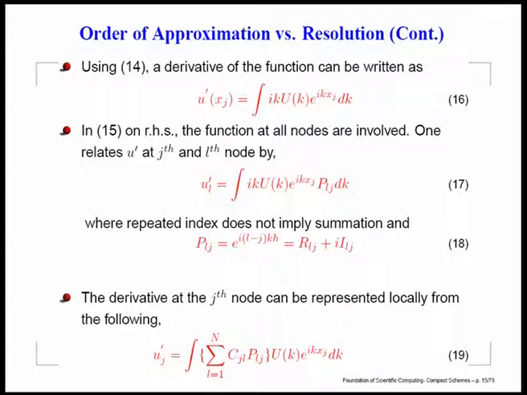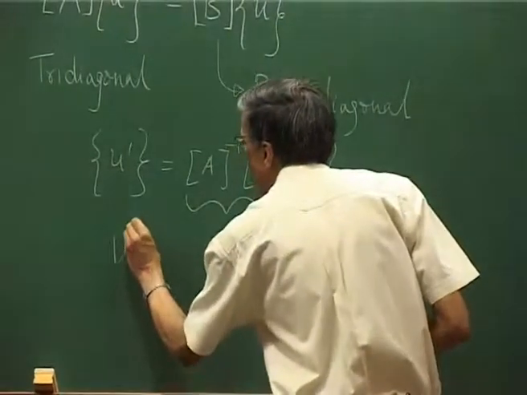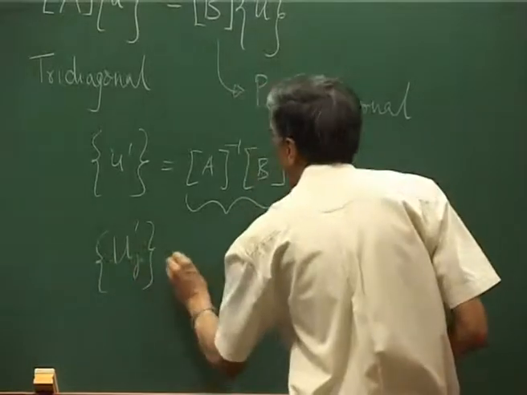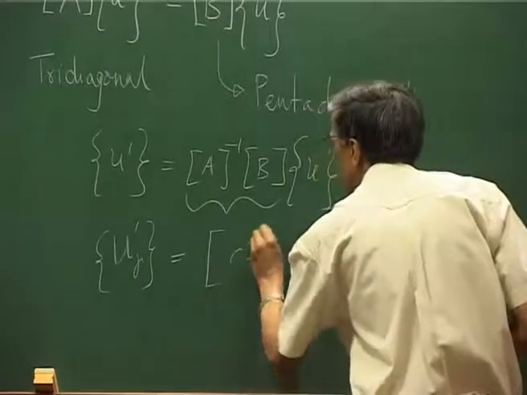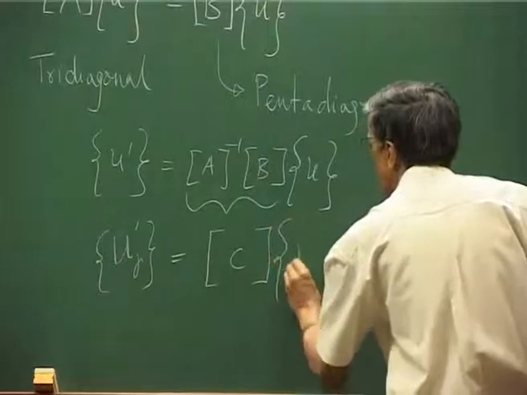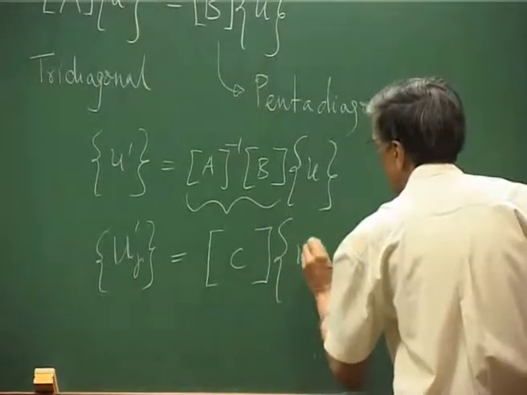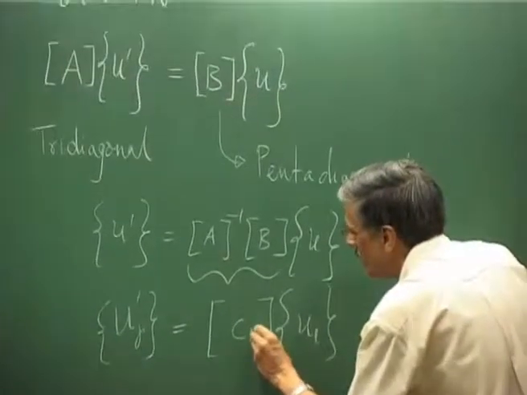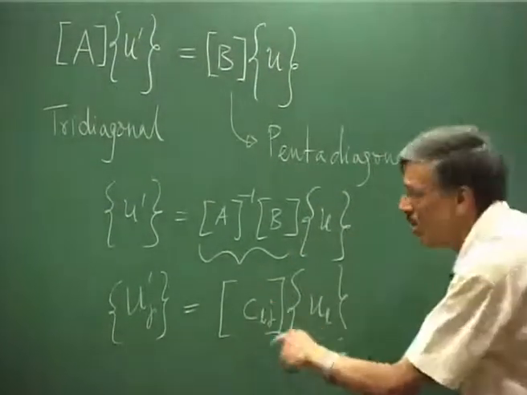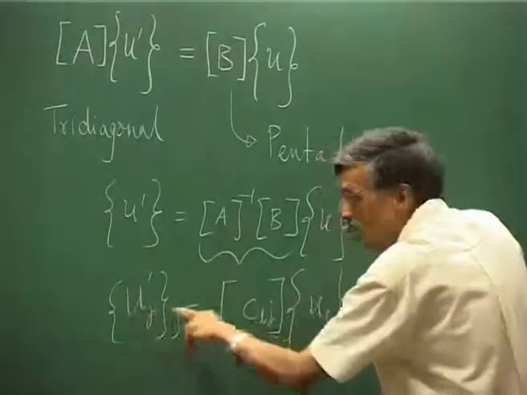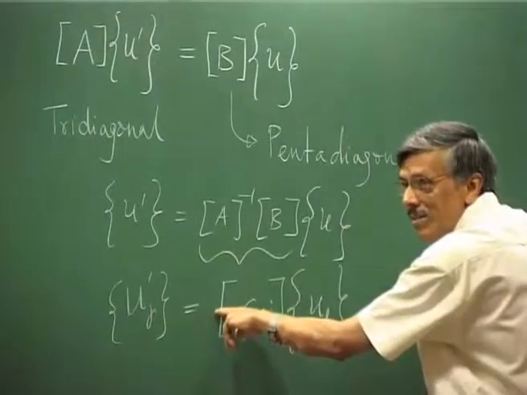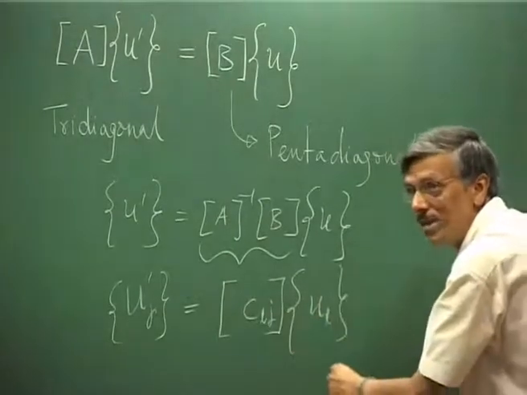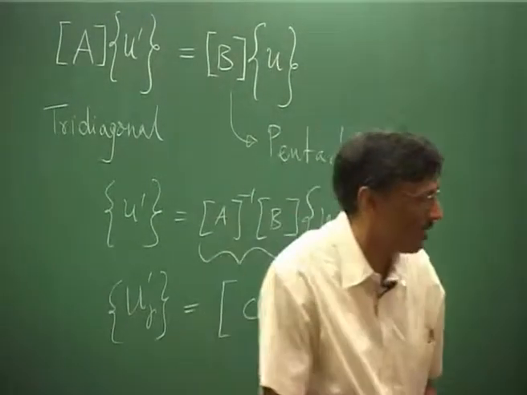mode, then I should look at this, because this is like uj prime on the left hand side, and this is my C matrix. Let me write this. What is this C matrix? Suppose I want to find uj prime, I would take the jth row and multiply by the whole column. That is precisely what we have done here.